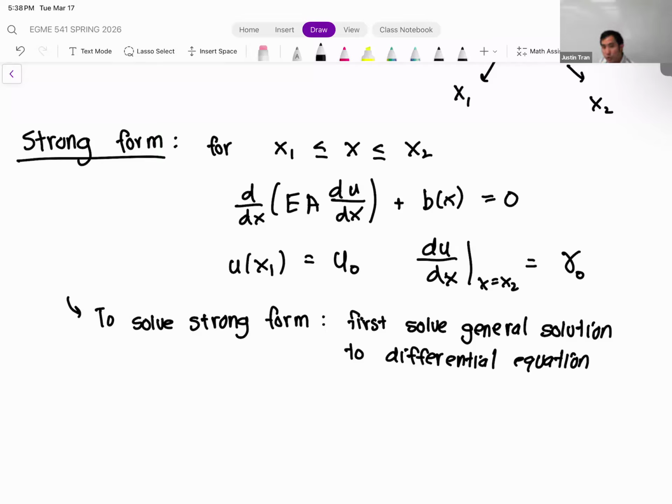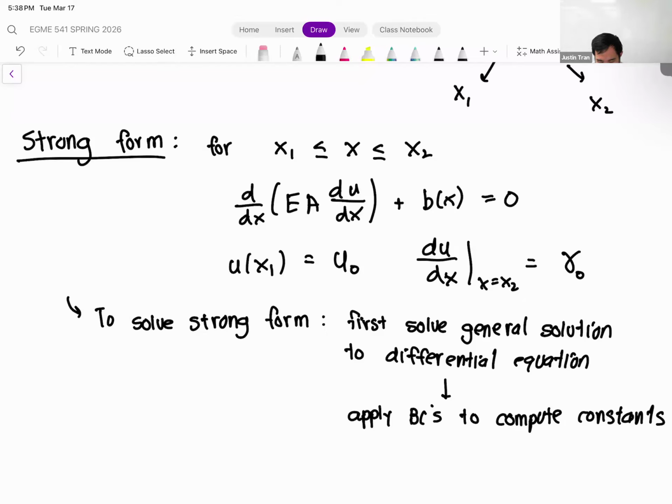Then you would use the boundary conditions to compute the arbitrary constants in your solution. So this is a very traditional way to solve differential equations with boundary conditions. We call that the strong form.